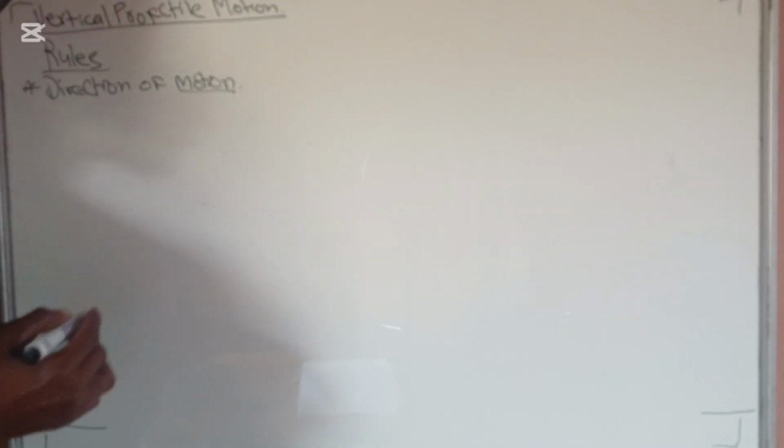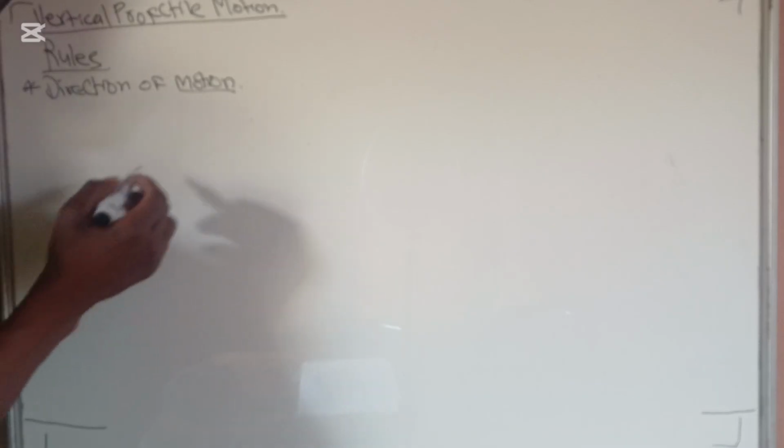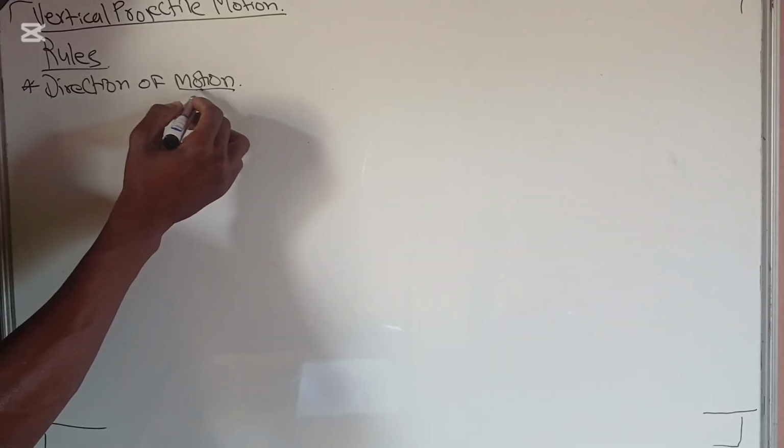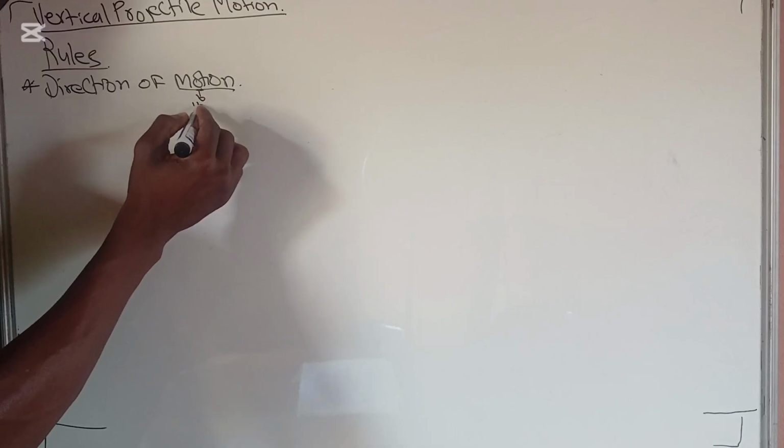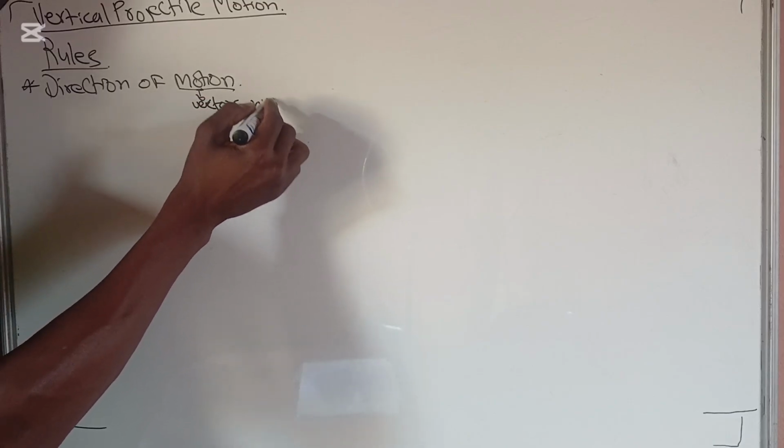As long as we are dealing with vertical motion, velocity, acceleration and displacement are all vectors. So obviously, as long as we are talking about this, there are vectors involved.